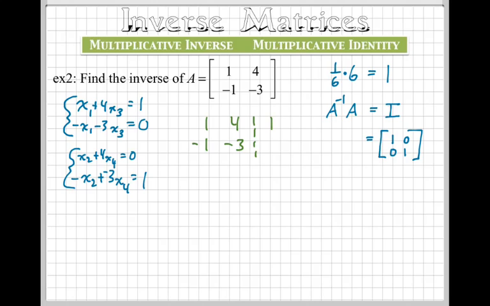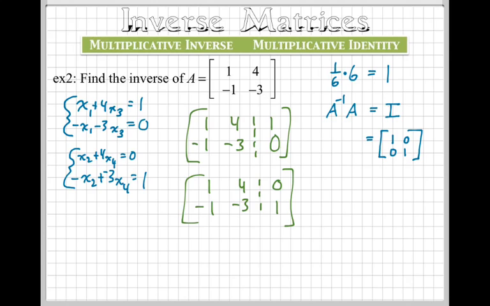Then you have a 1, 0 right here. For the other one, you would say 1, 4, 0, -1, -3, 1. And those are two matrices that you would have to solve for in order to find our inverse matrix.